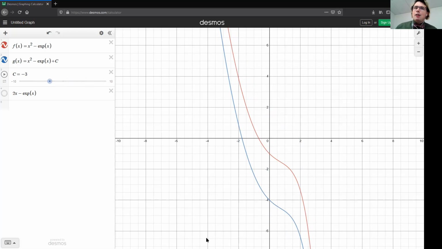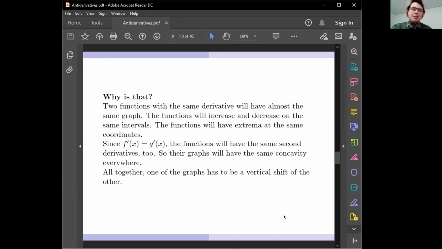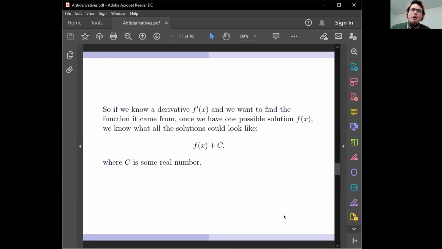Well, that's the missing piece. I have the derivative of a function. I would like to know what function it started out as. And I know that there are infinitely many possibilities for what that graph could be.